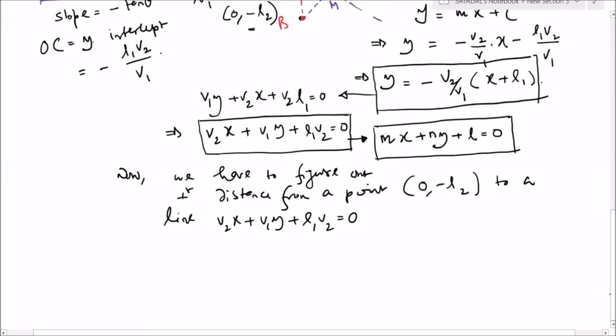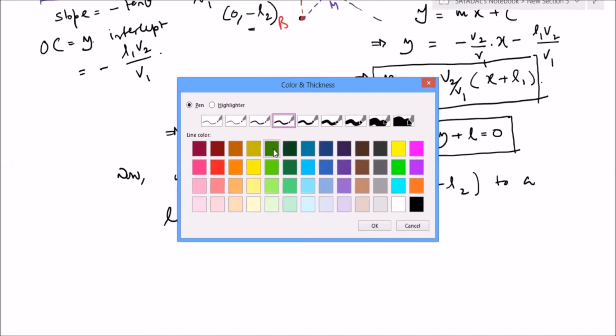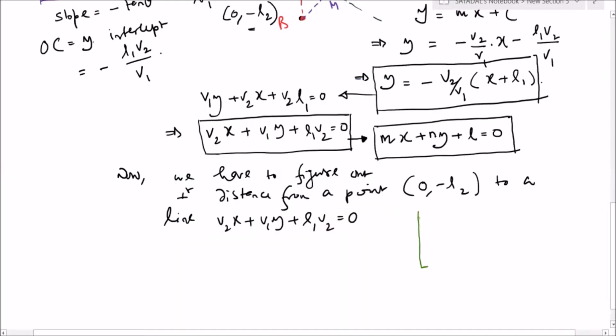Okay, fine everyone. Here is the formula.